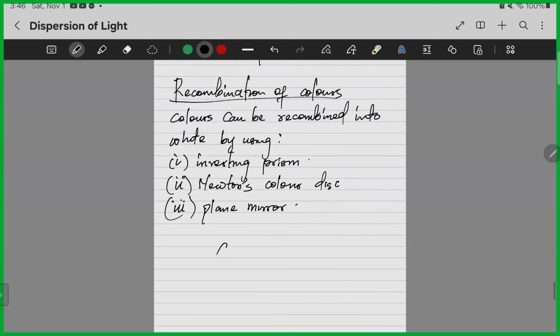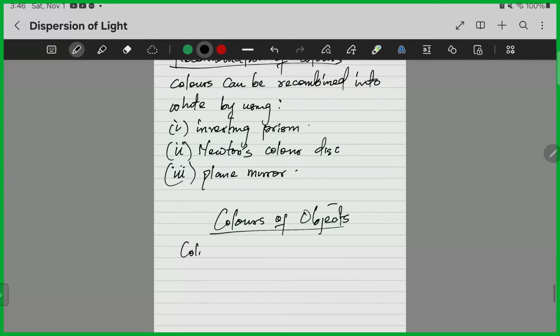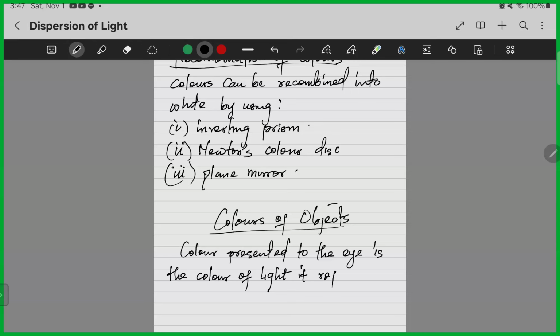And let's go to another subheading, colors of objects. The point I want to make here is that color presented to the eye is the color of the light it reflects in white light.